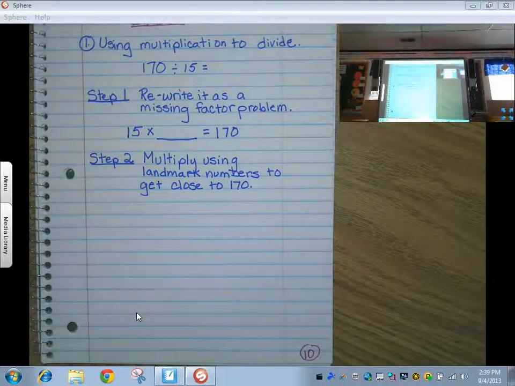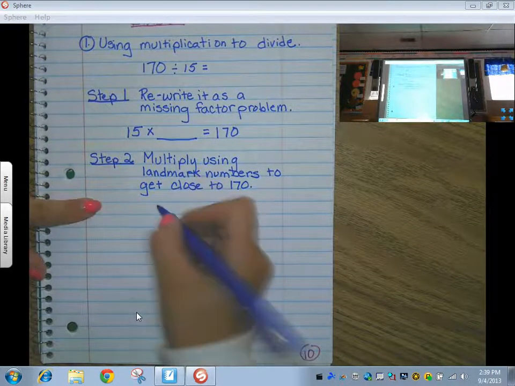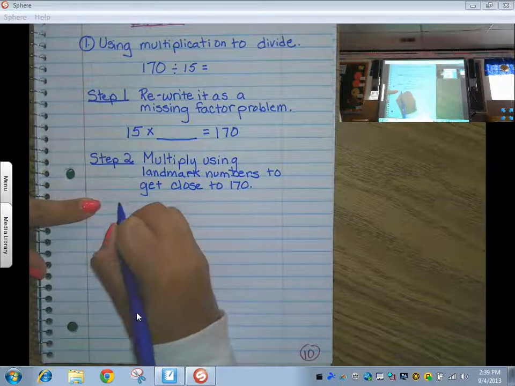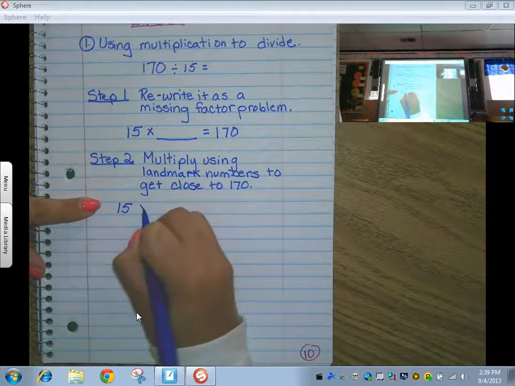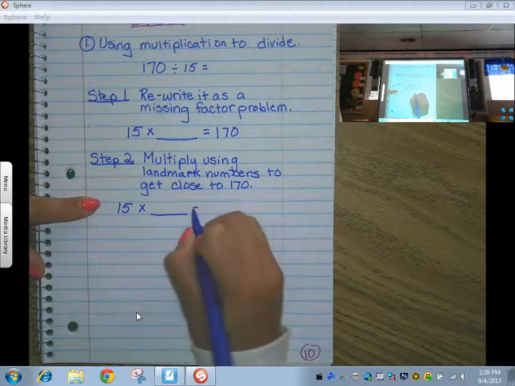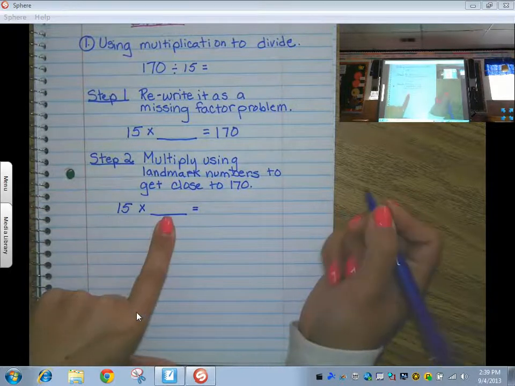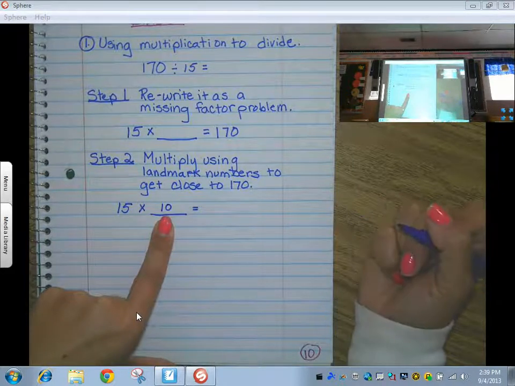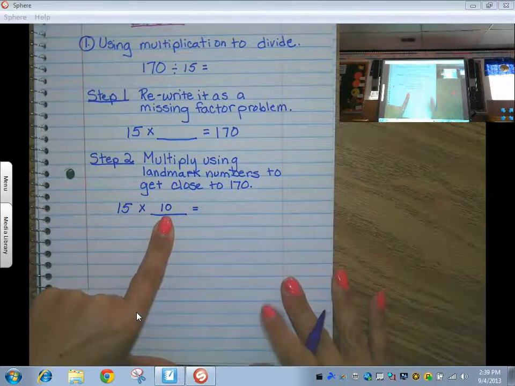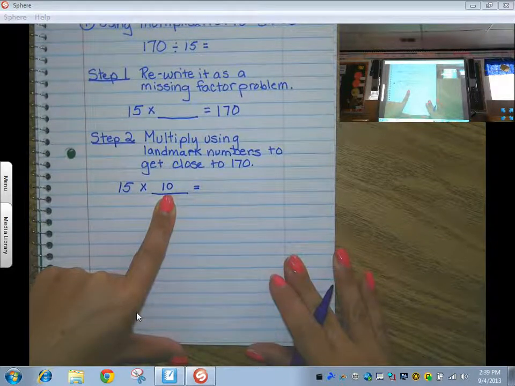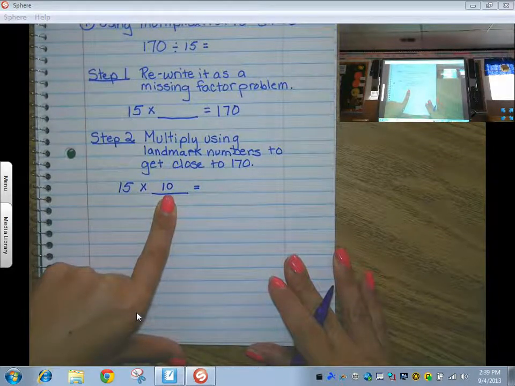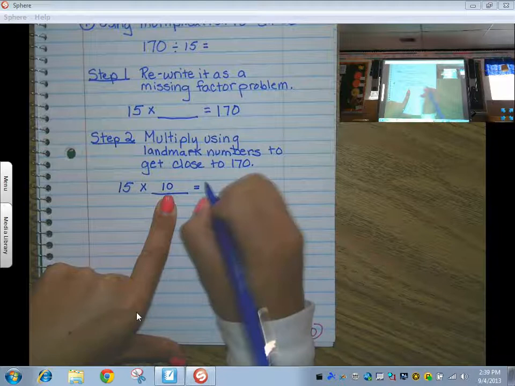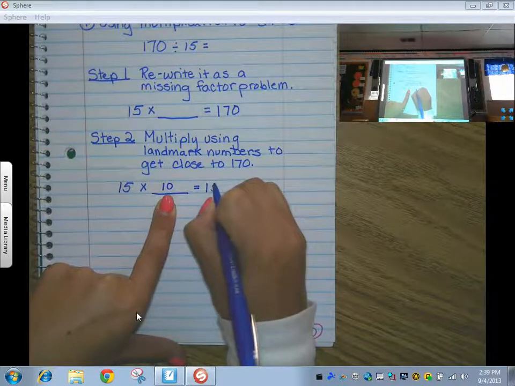So 15 times 10. Tyler. 150. I think some of us had that flipped and got confused. So always start with your missing factor problem and keep that number on the left side. So it keeps your thinking straight. So 15 times 10 is 150.